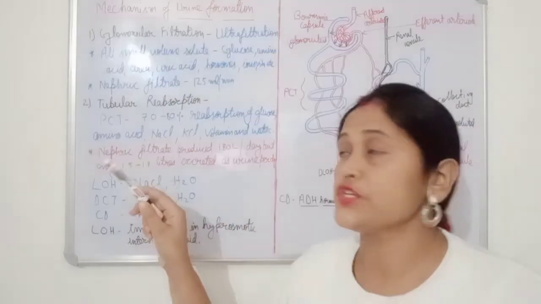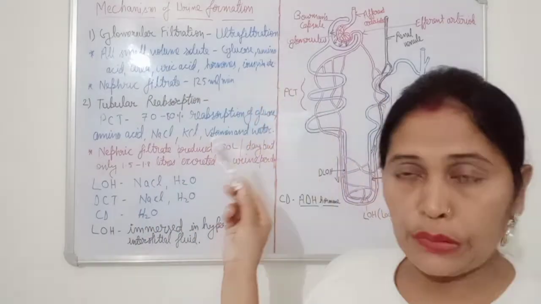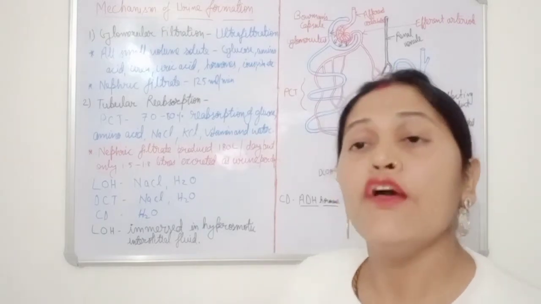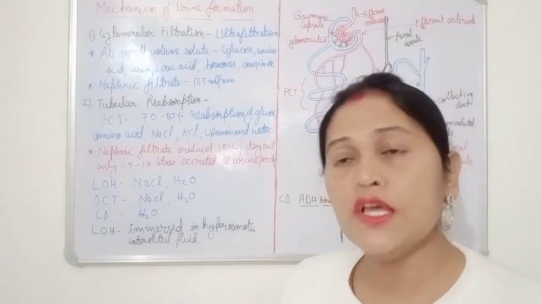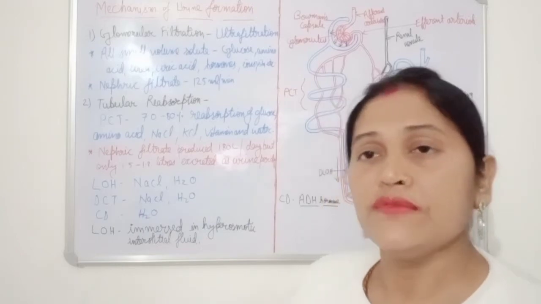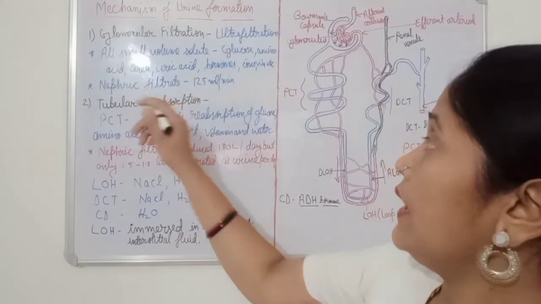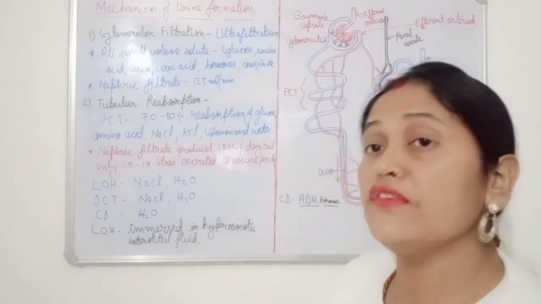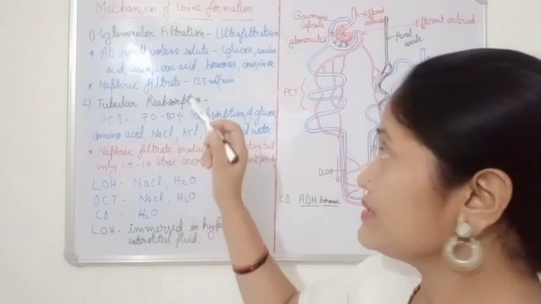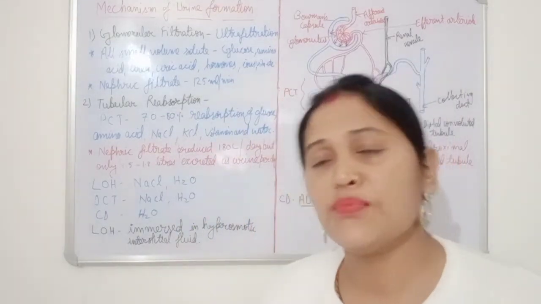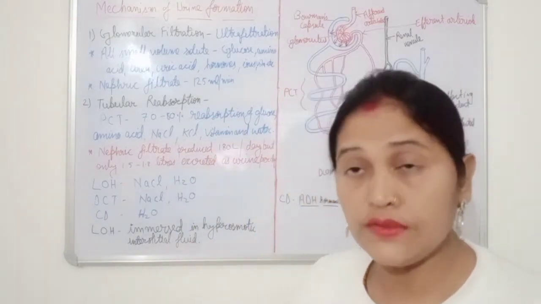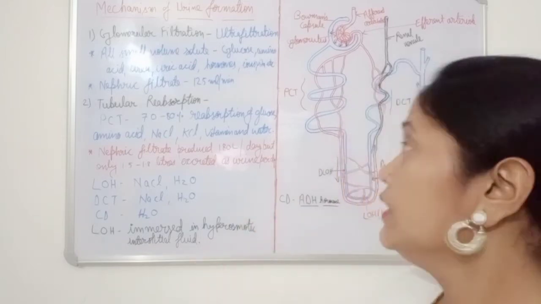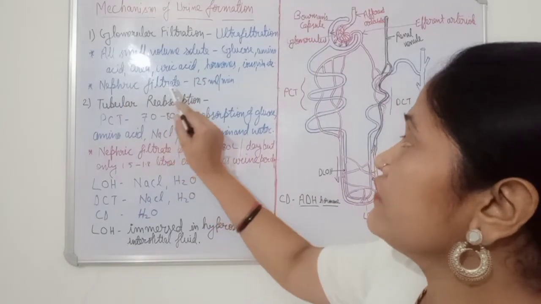During ultrafiltration, all small-volume solutes like glucose, amino acids, salts, ions, vitamins, hormones, urea, uric acid, whatever is there, are filtered and present in the filtrate. Because these are small, they pass into the tubular fluid.